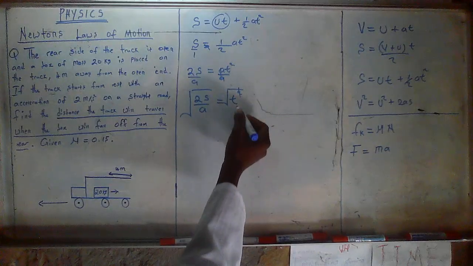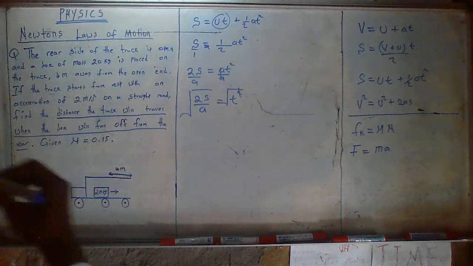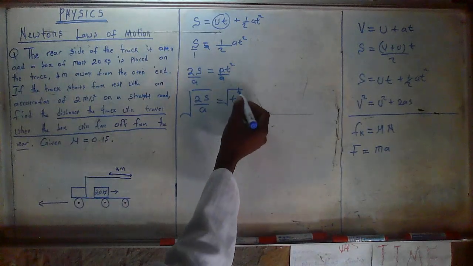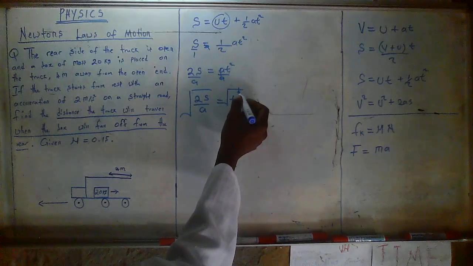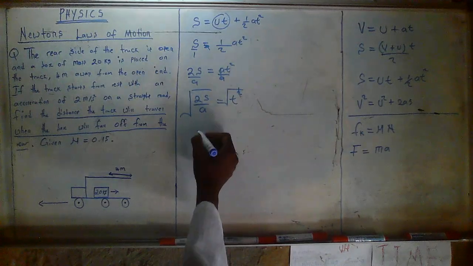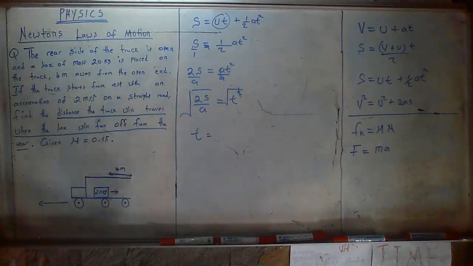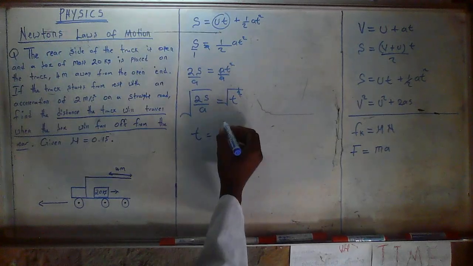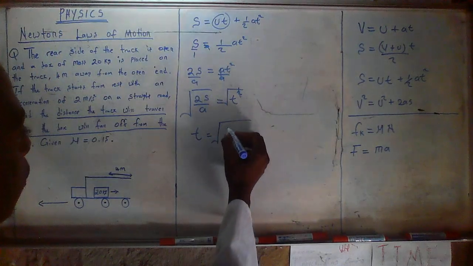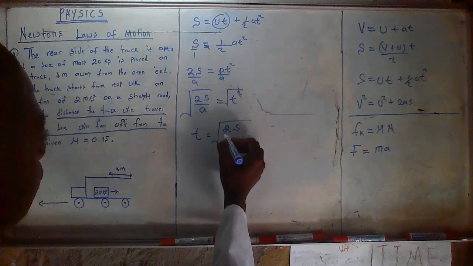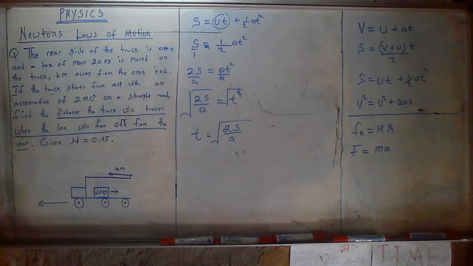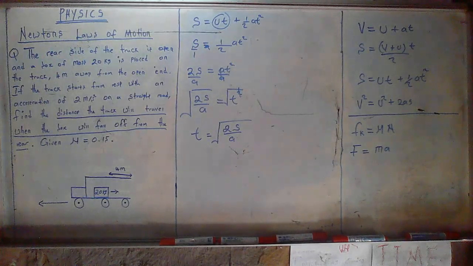Get rid of the square, so t is equal to the square root of 2s over a. So that is the time. That is how we are going to find the time.